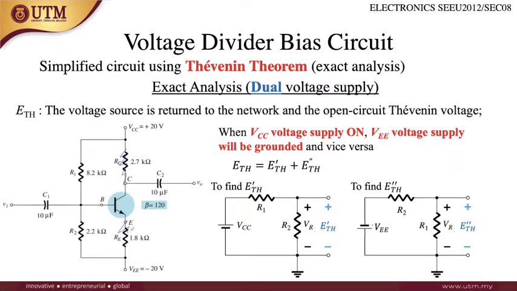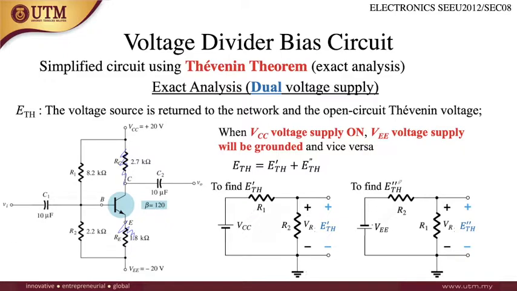The circuit will look like this: VCC goes to R1, because VCC is connected to R1, and then from R1 it is connected in parallel to R2. Since it is connected in parallel, there is another wire here, connected to VEE, but VEE is grounded. In this case, I think there is no problem because this is the same as the single voltage supply.